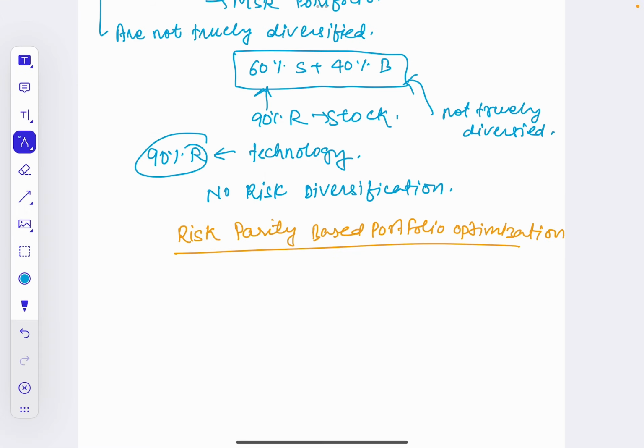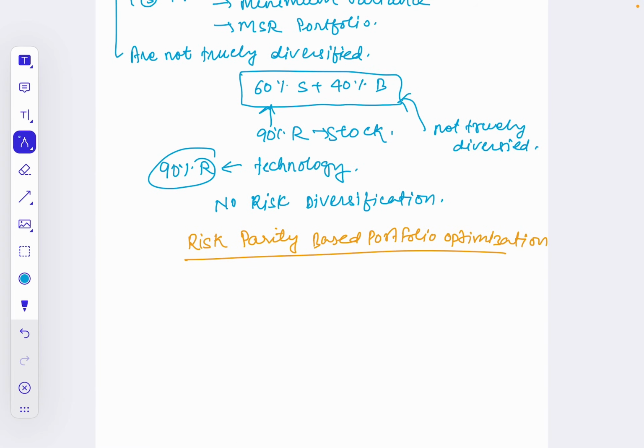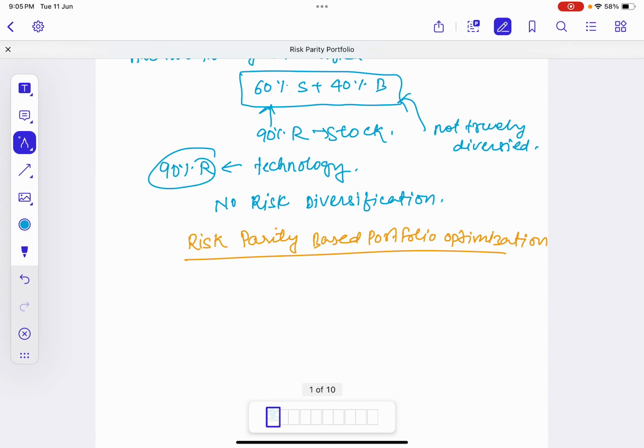It says that the risk contribution of all the assets in the portfolio should be equal, so the risk is distributed equally among different assets.